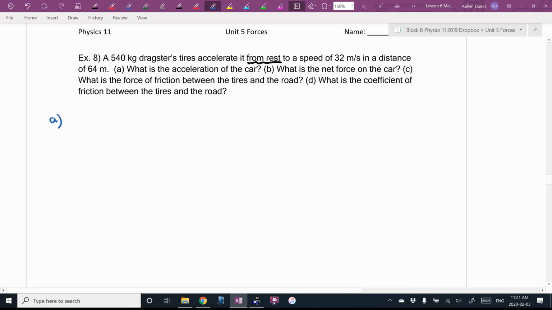I don't think I'm going to use F equals ma because I see from rest, I see a V final. I think I'm going to use my good old a equals question mark. Vi equals 0. Vf is 32. What's that, 64? Give me an equation, get the a by itself, please.